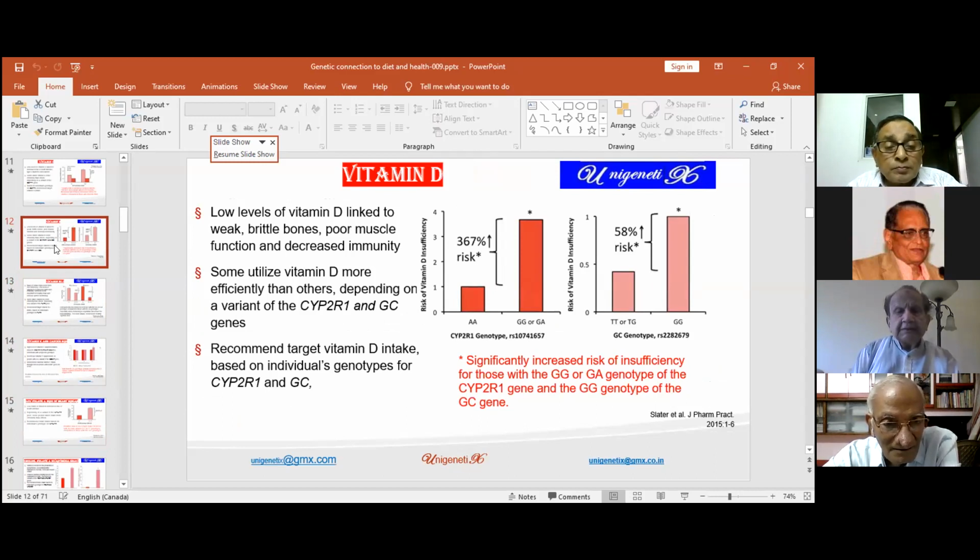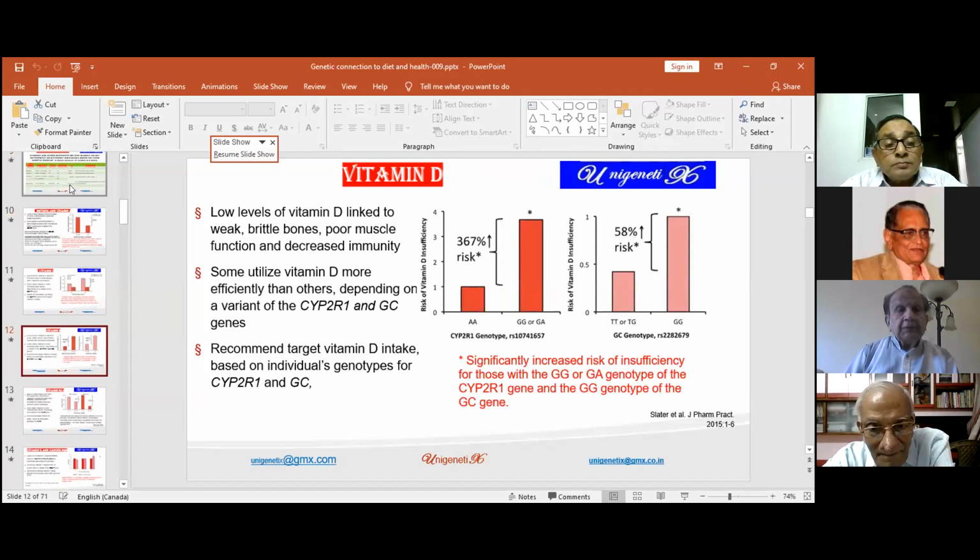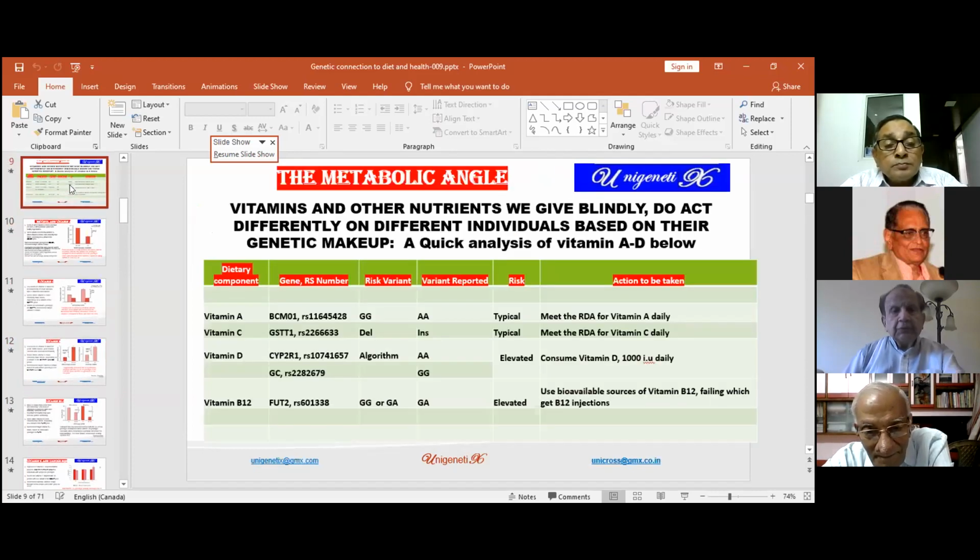And then again, you see the difference on the charts there. In GG or GA, there is a higher risk of vitamin D deficiency, and therefore they need the supplement. I showed it to you in the first slide here also. Vitamin D, the risk variants are AA and GG in the two types.